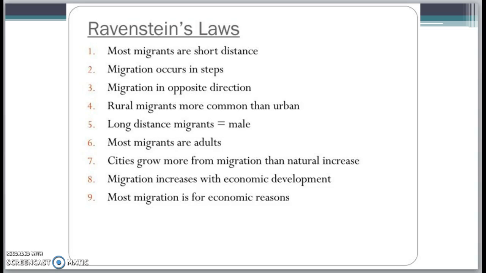Rural residents in the country are more likely to migrate than urban residents. Again, during Ravenstein's era, many rural residents were packing up and moving to the cities for the industrial jobs and bright opportunities. Today, this kind of generalization varies by region. China, which is currently industrializing, is experiencing this trend. Remember, China, as we classified, is an NIC, newly industrializing country, or one of our BRICS.